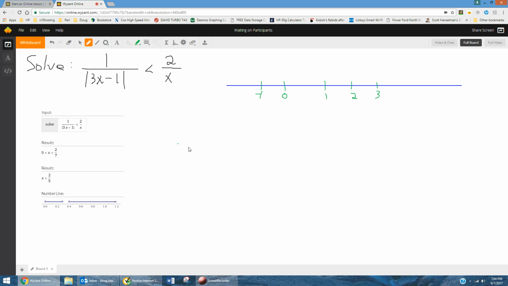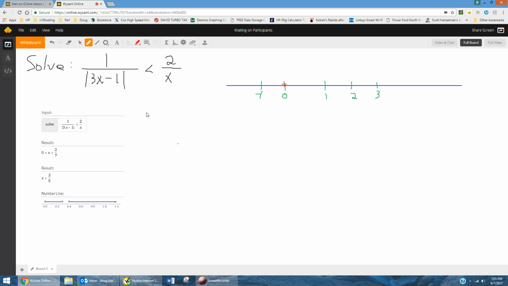I think the first thing we want to focus on is where we could have some sign changes along the number line. And for sure, we can circle some numbers on the number line that x cannot equal. We know for sure that x cannot equal 0, because if x is equal to 0, I'll be dividing 2 by 0, which is undefined.